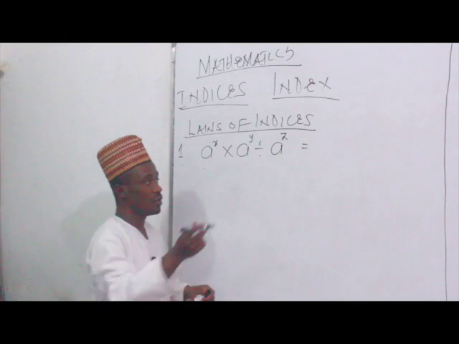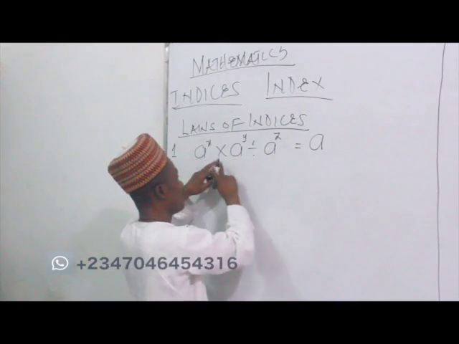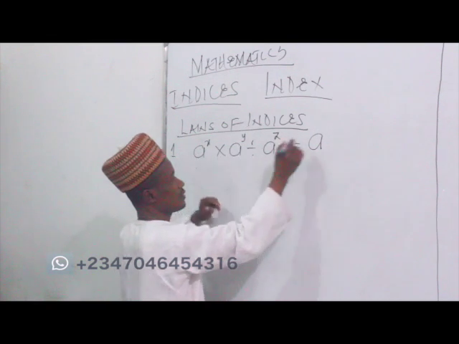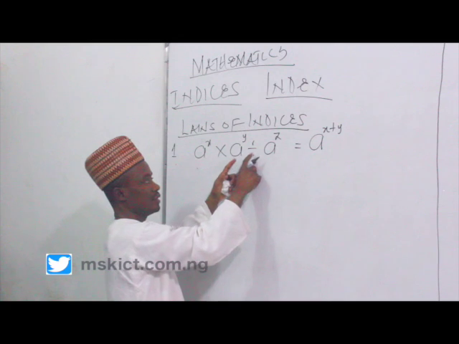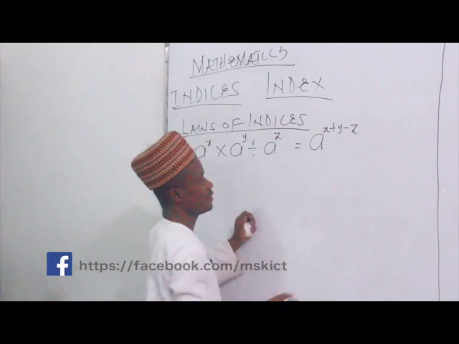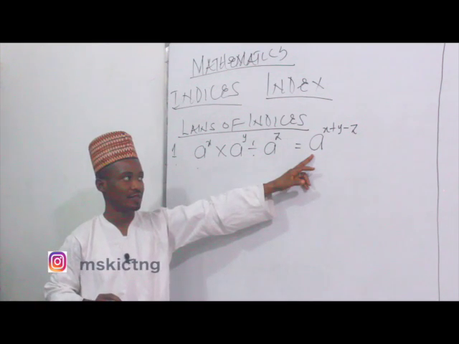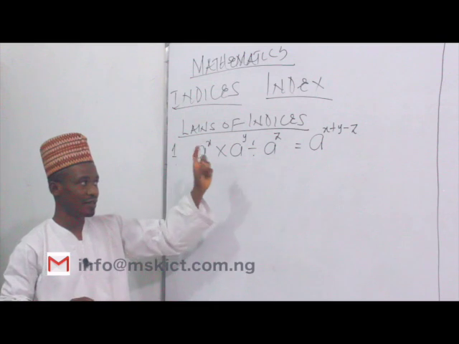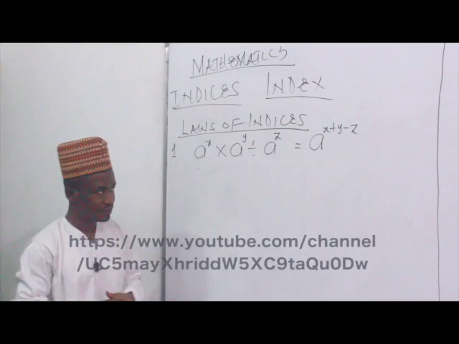So in this case, we only consider one of the bases, a raised to the power of, if you have a multiplication sign between two similar bases, we add the powers, x plus y. If you have a division sign between two similar bases, you subtract the powers. So in this case, the 3 bases have now reduced to a single base, but the powers have been condensed to x plus y minus z.